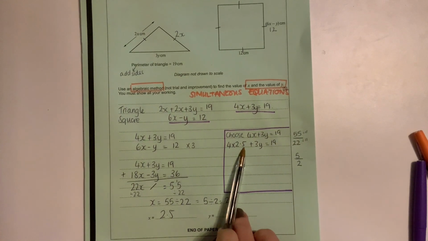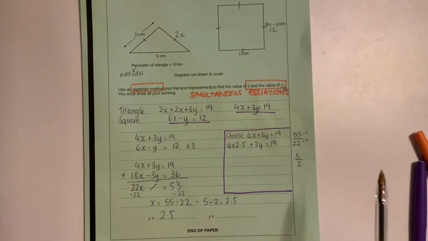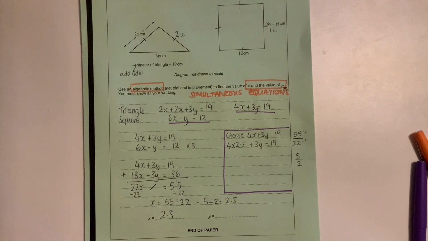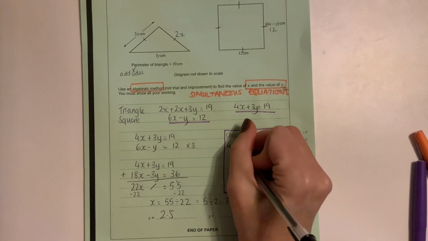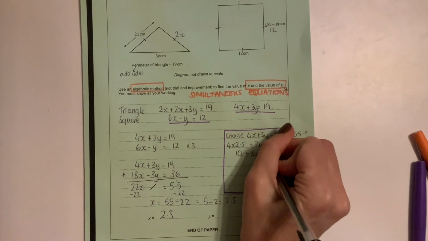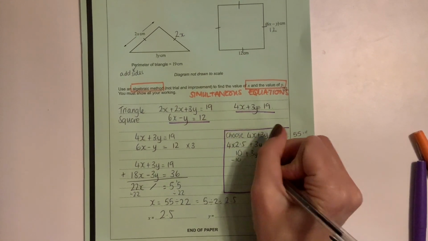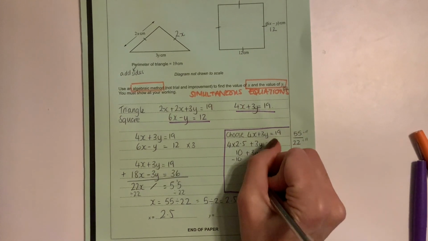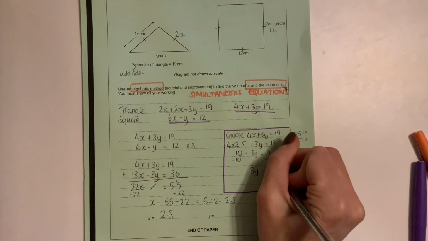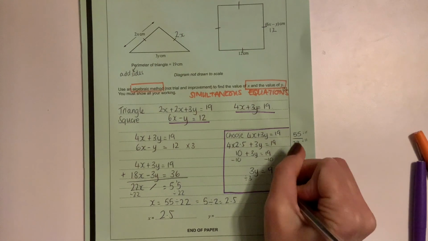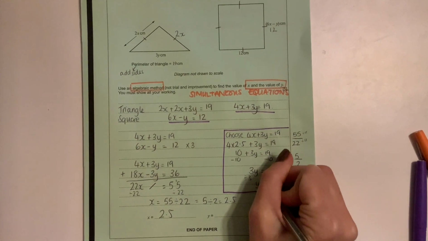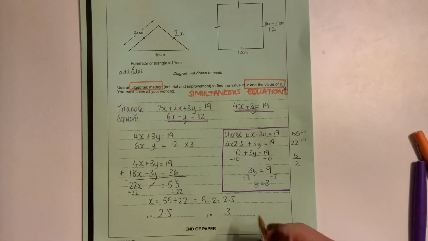Well, 2.5 times 2 is 5. So if I times that by 2 again, it's 10. So 10 plus 3y equals 19. I'm going to take 10 away from each side, so I'm just solving it now. So 3y equals 9, and then I divide by 3, so y is equal to 3.